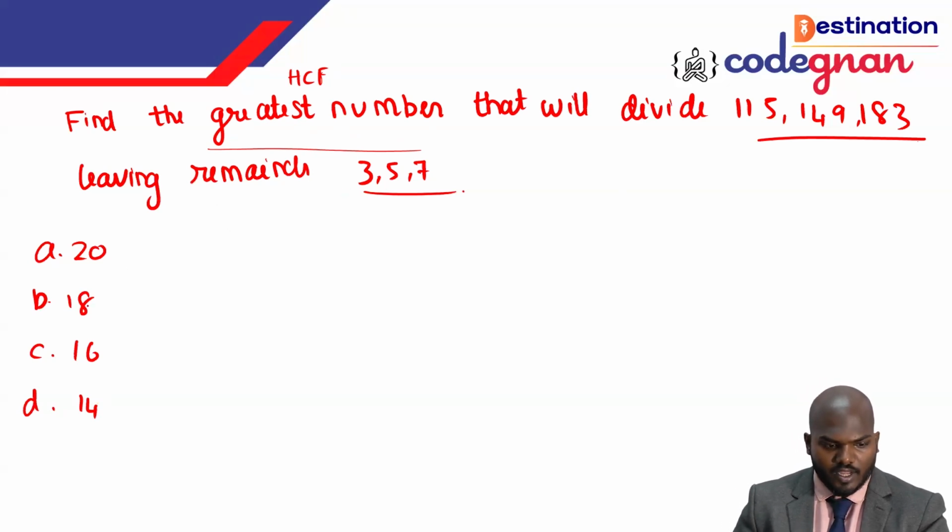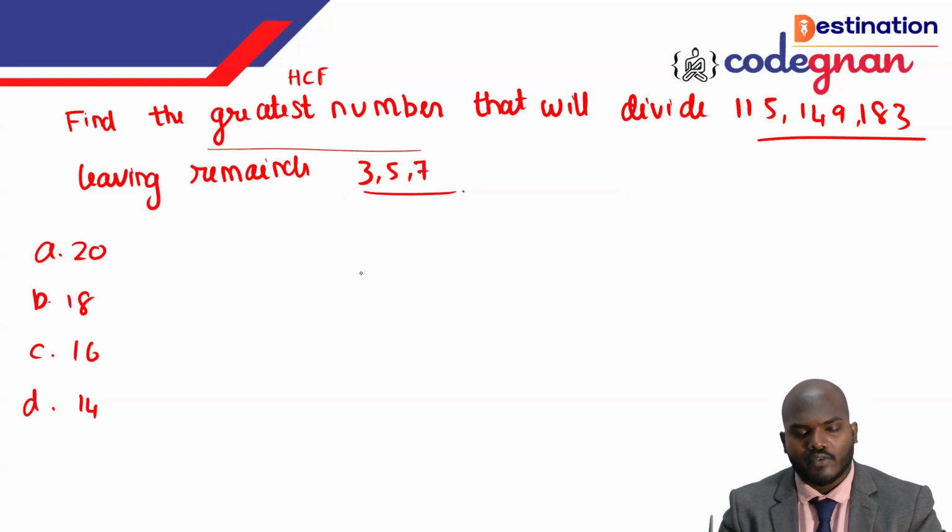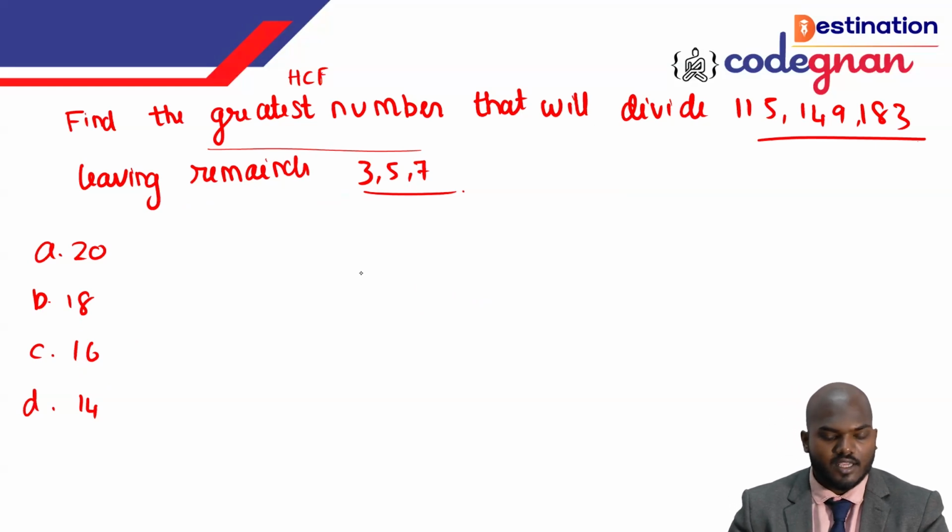If you divide with any of the options, it will leave the remainders 3, 5, 7. That's what is mentioned here.